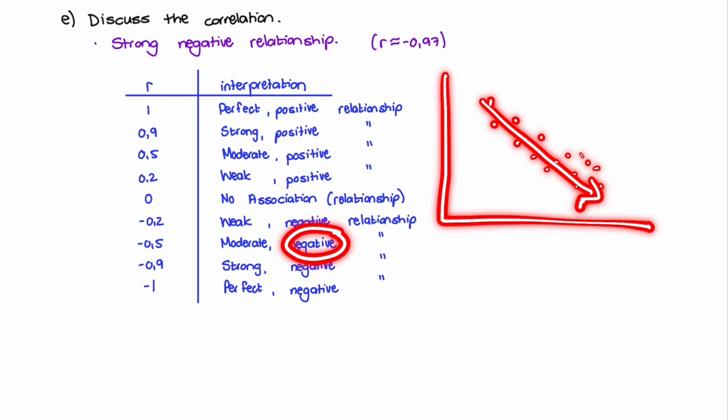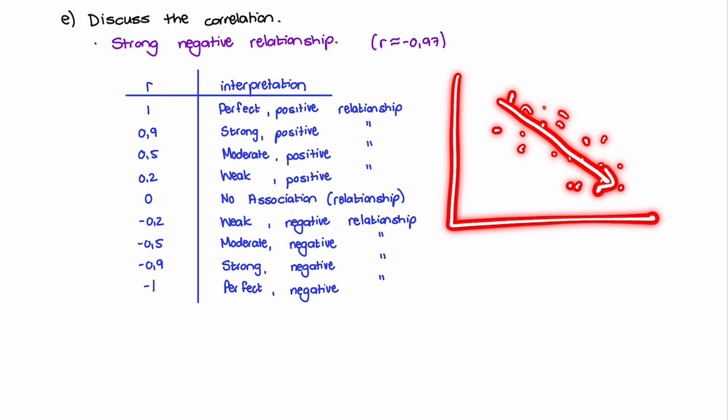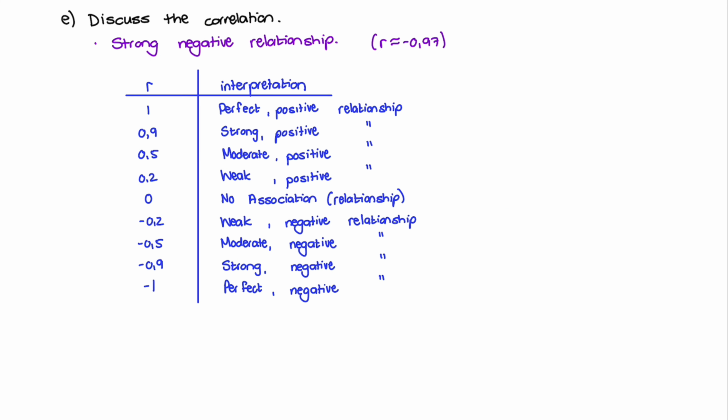So we say it's negative, but this relationship now is moderate. And for negative 0.2, data is split wider apart. So you can see there's a bigger spread between the data and the regression line, but we can still spot some sort of negative pattern.